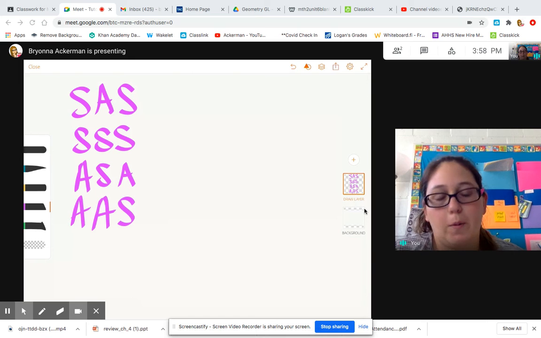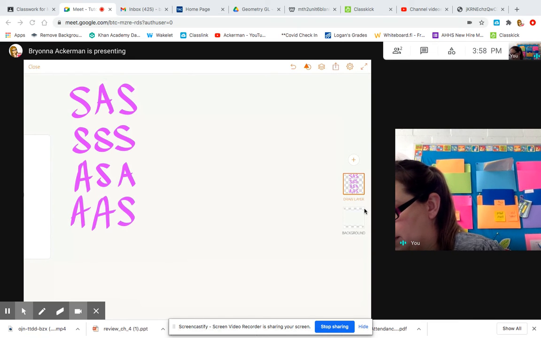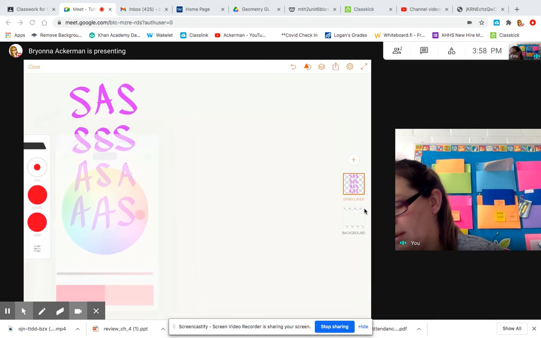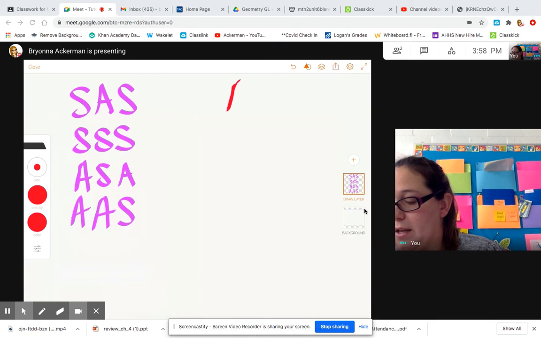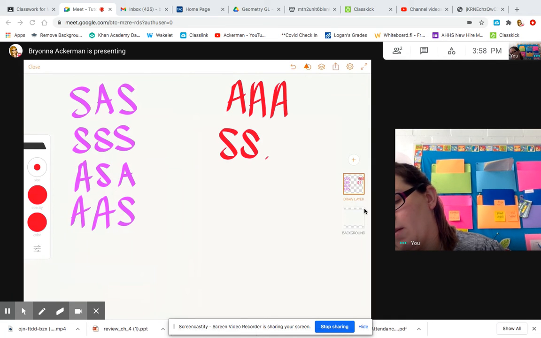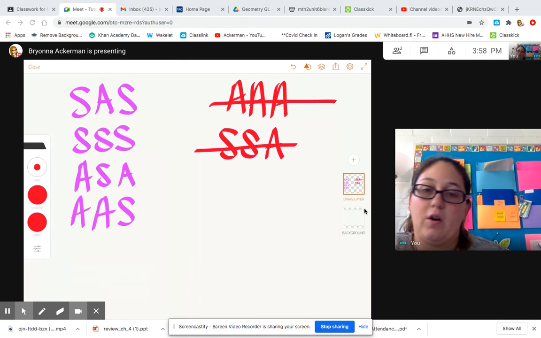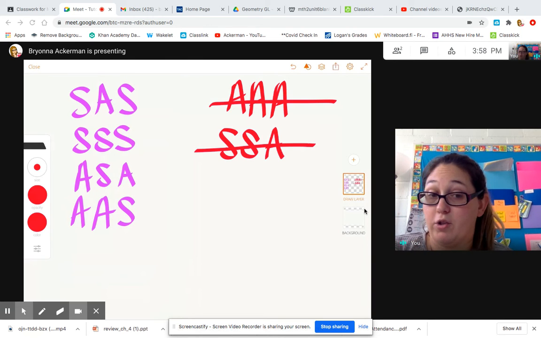So these are the four we learned last week. Okay, we learned that the ones that don't work, that don't give enough information, are angle, angle, angle, okay, or side, side, angle. So these two are not postulates that work for congruent triangles.